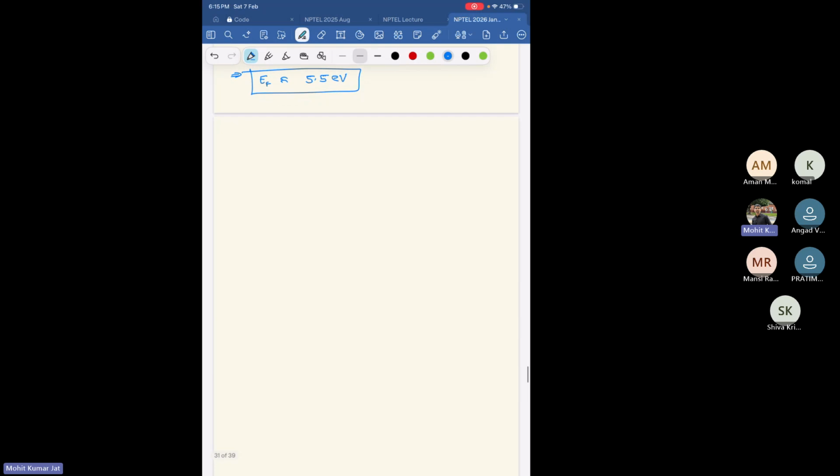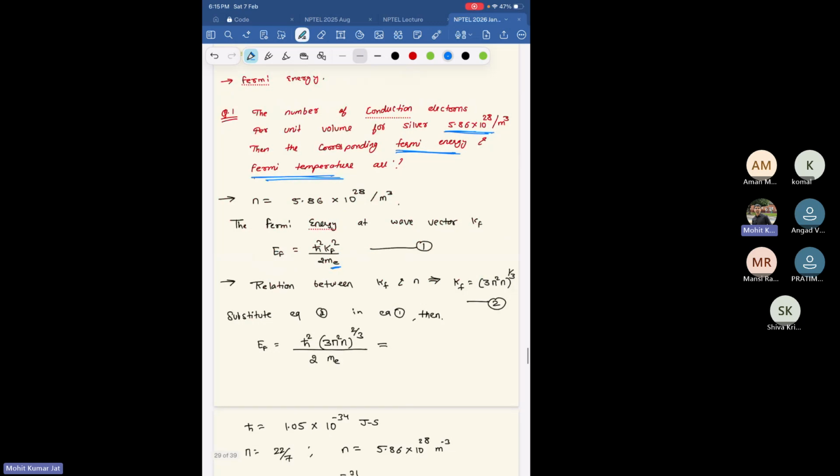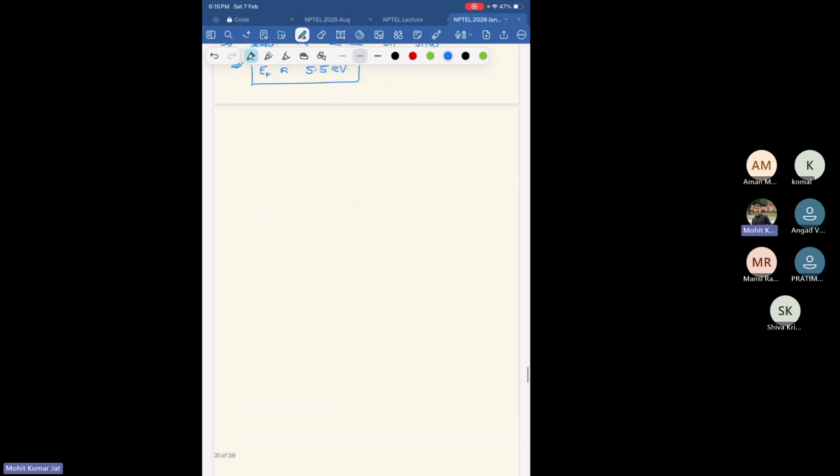Now, if that's okay, let's move on to the next part. The second part is, we extracted the Fermi energy, now we'll have to extract the Fermi temperature. So how do you do so? In any quantity, if you have to extract the temperature, you equate your energy to the thermal energy scale, which is kBT.